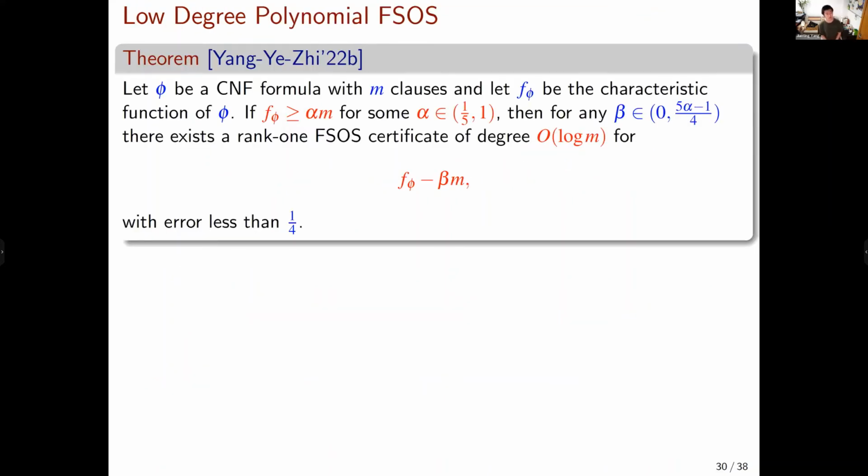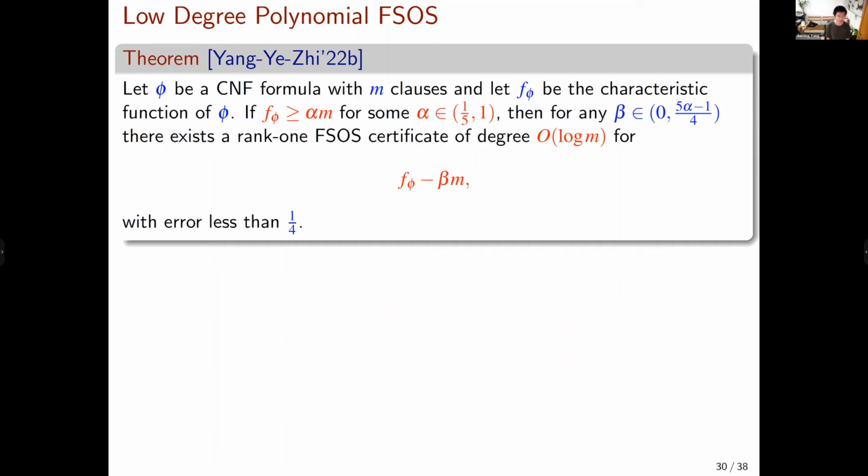So we wonder, when will we have a low degree polynomial Fourier sum of squares? We proved this theorem here. Let phi be a CNF formula with m clauses, and let f_phi be the characteristic function of phi.